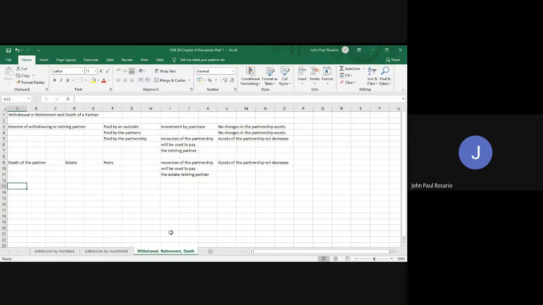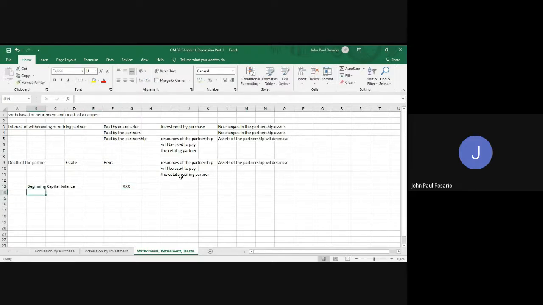So with that, how would you adjust the capital balances of the partners from the beginning of the year up to the time of retirement or death? So this is how you do it. We start with our beginning capital balance.